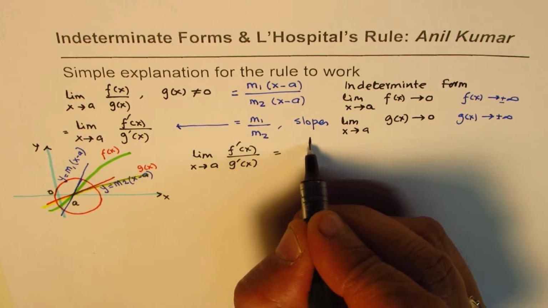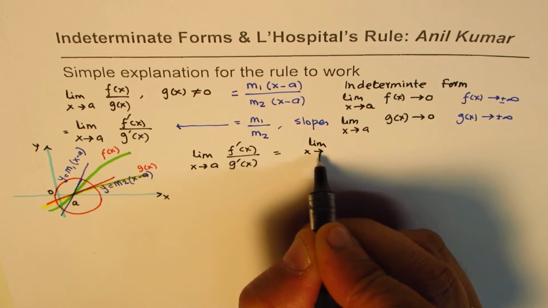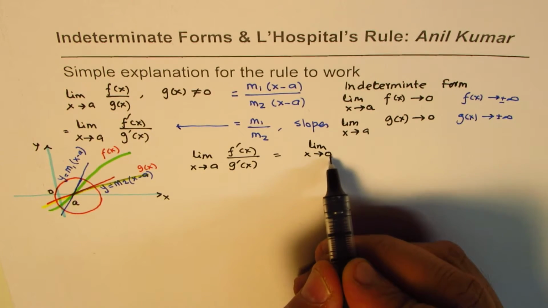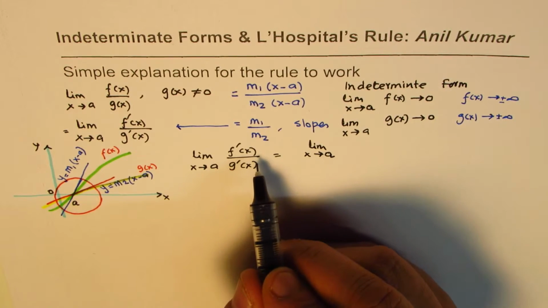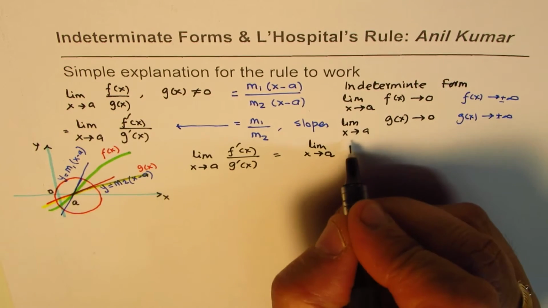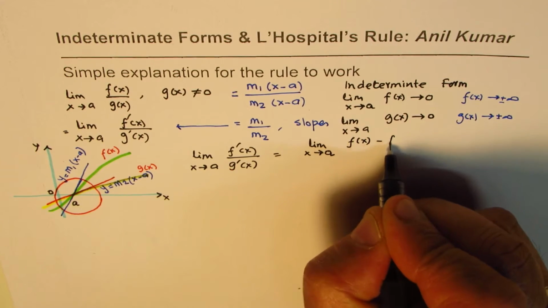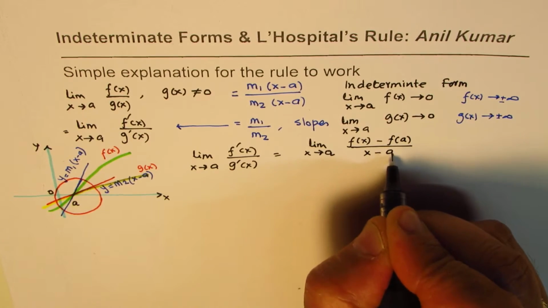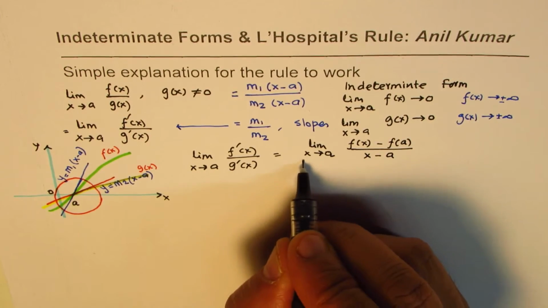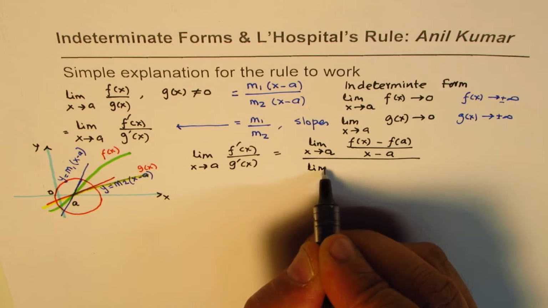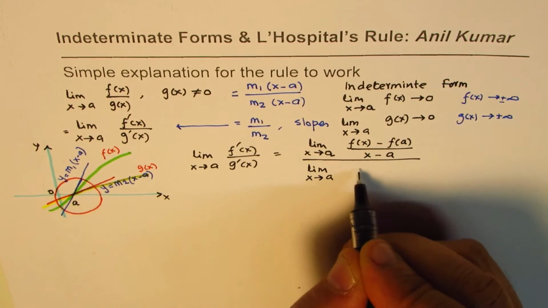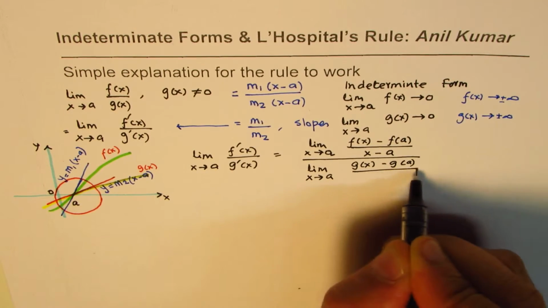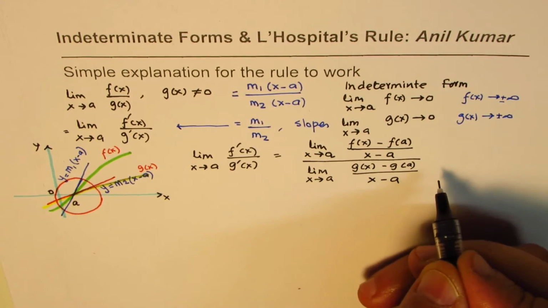The numerator could be written as limit x approaches a of f of x minus f of a divided by x minus a, and the denominator will be limit x approaches a of g of x minus g of a over x minus a, correct?